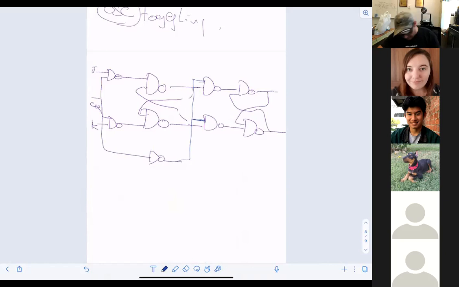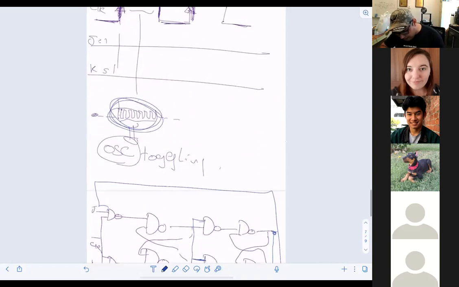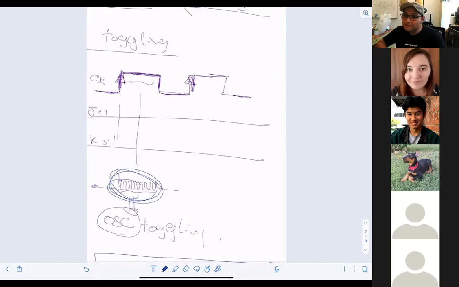Then at the end of the day, this one will go here and this one will go there. By this way, I fixed the toggling situation, and instead of like that, what will happen? It will be flipping from clock positive edge to clock positive edge.